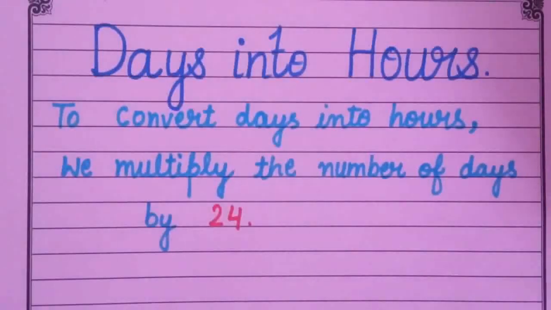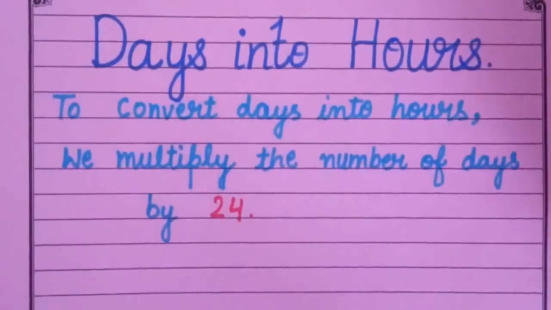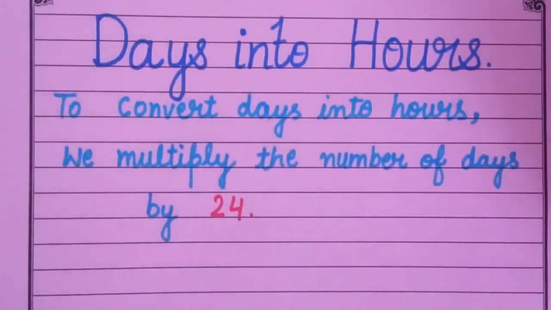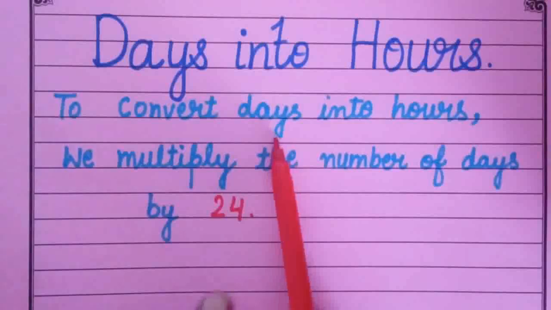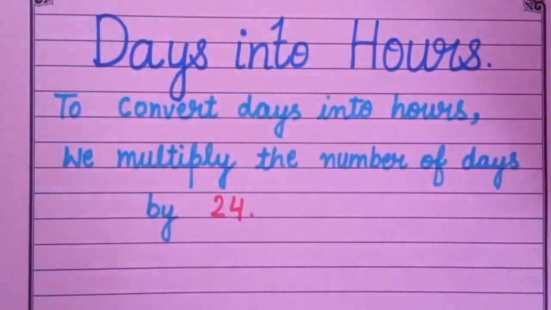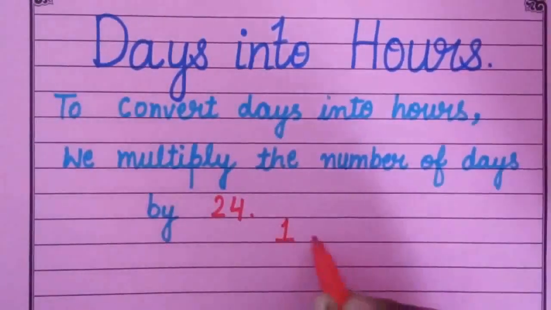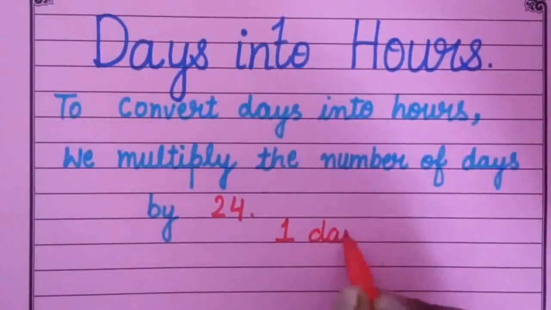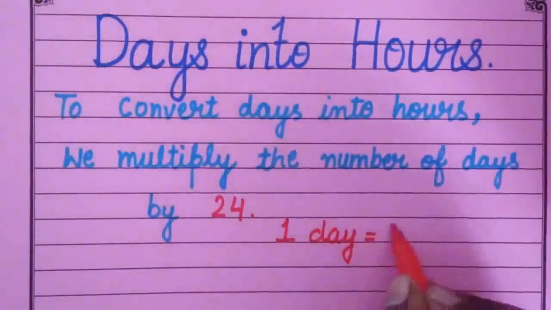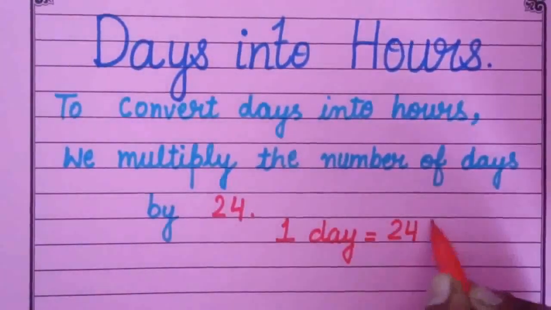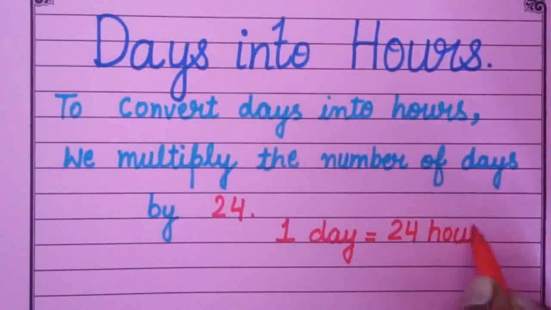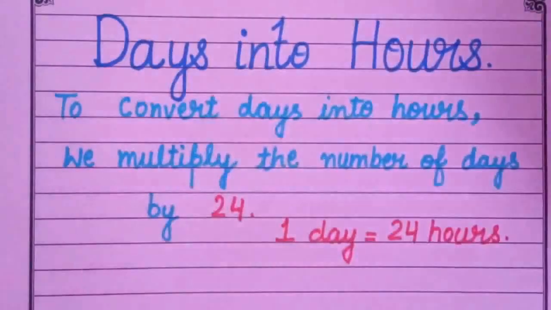Why 24? As you all know, because you are going to convert days into hours, you have to multiply the number of days by 24. Why? Because 1 day is equal to 24 hours.